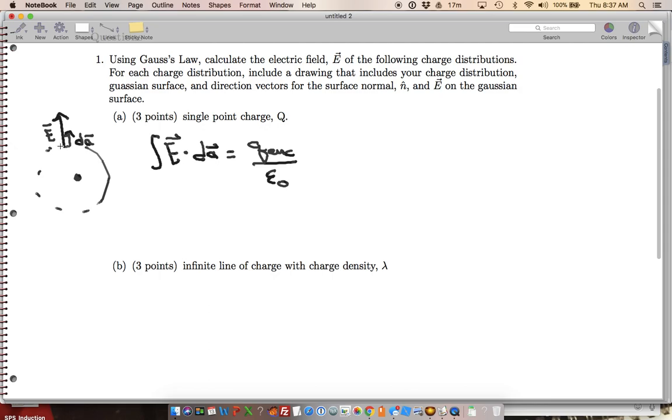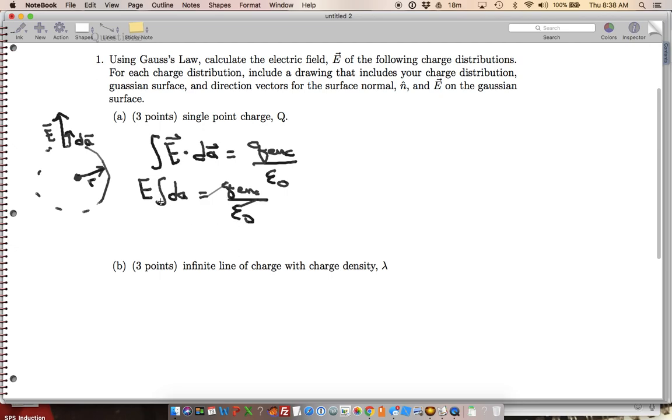And then note that I can pull E out of the integral because it's a constant all along my Gaussian surface. So E doesn't change, and I know that because I'm not moving away from the charge. I'm at the same radius away from this charge. I'm also going to label the distance from my charge to the Gaussian surface as R. So then I have E times the integral of dA is equal to Q enclosed over epsilon naught.